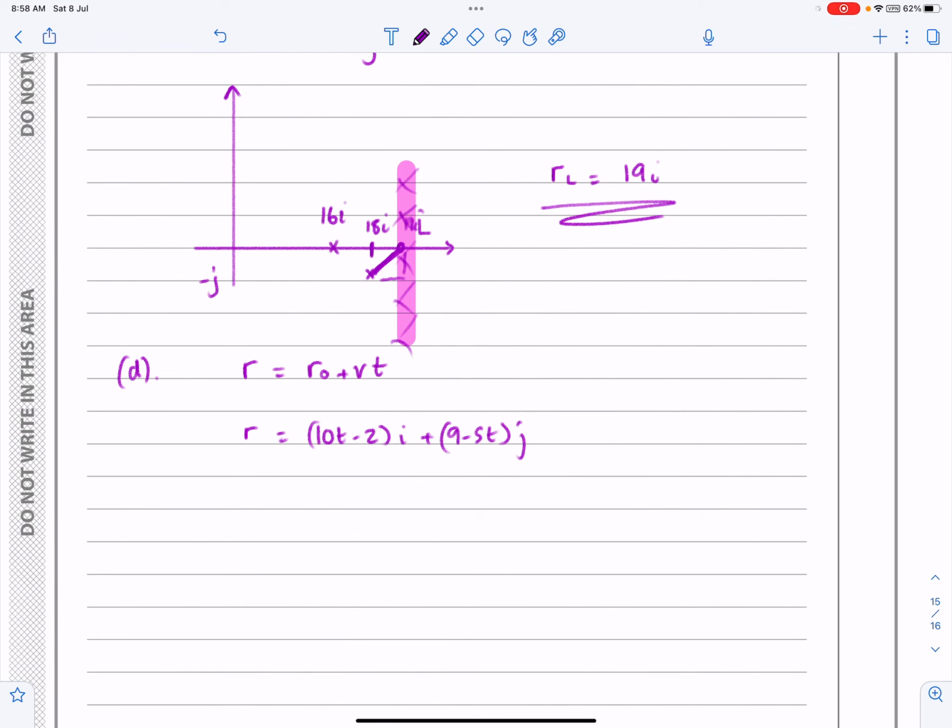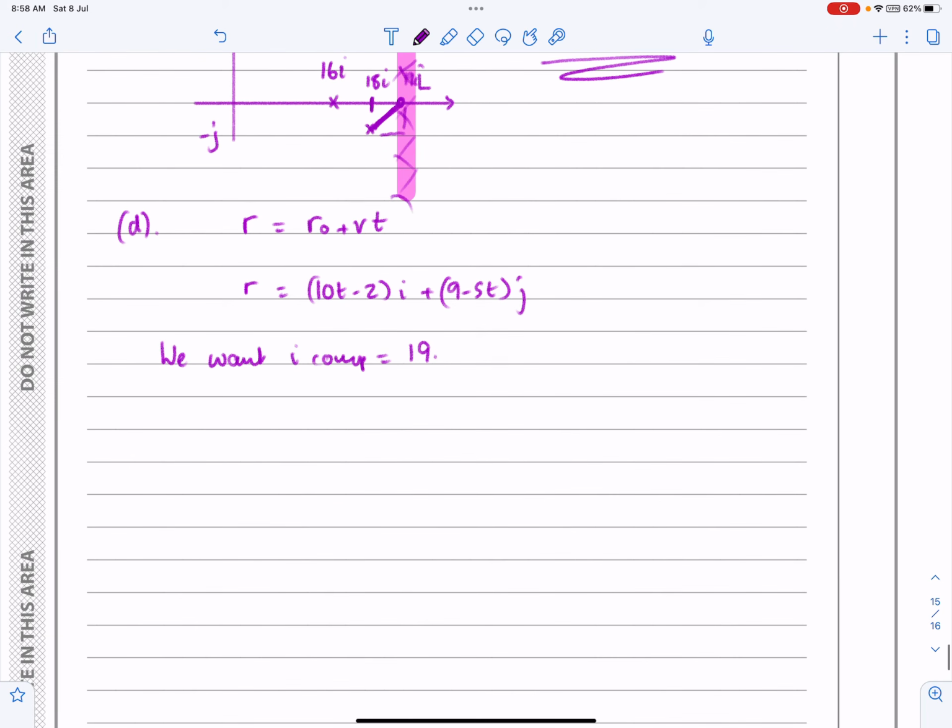So we're simply going to say, we want the i component to equal 19. So if the i component equals 19, then 10t minus 2 must equal 19. There's my i component.